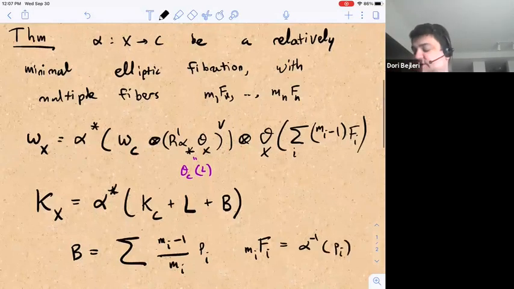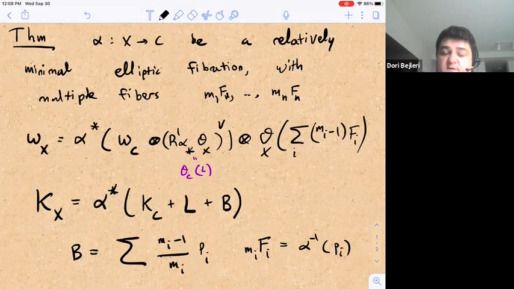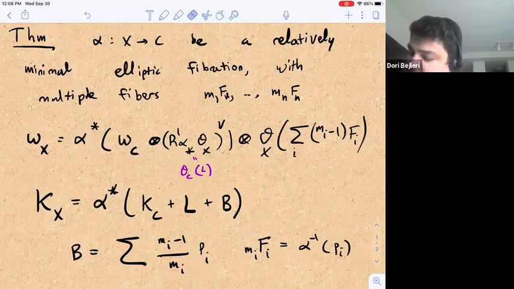So here basically you want to make everything pulled back, well, m_i minus 1 times F_i isn't pulled back from the curve, only m_i times F_i is. But if I divide everything by m_i and think of it as a Q divisor, then we do get a pullback like this. And here, maybe to be more precise, I should write equivalent as Q divisors.